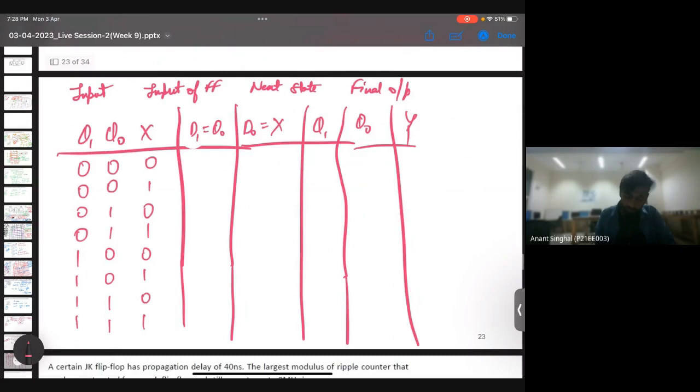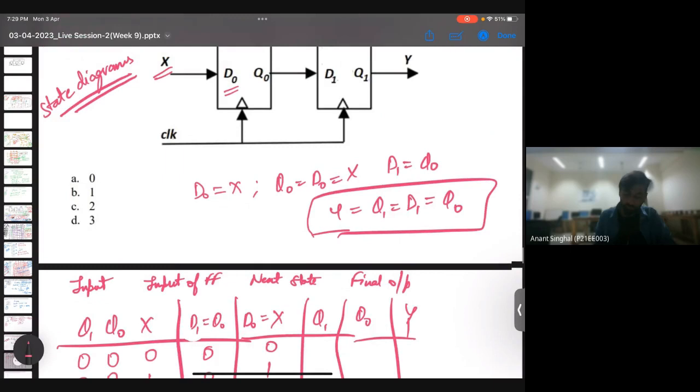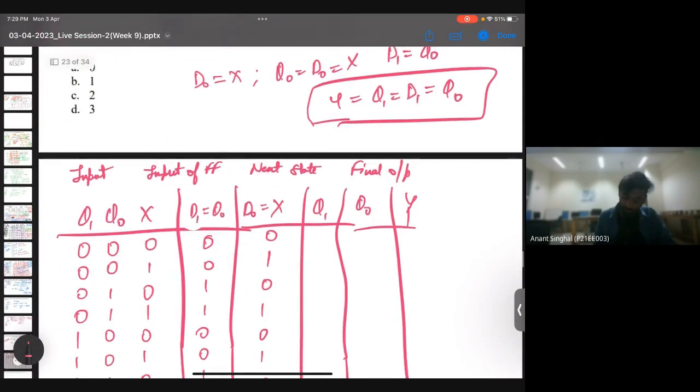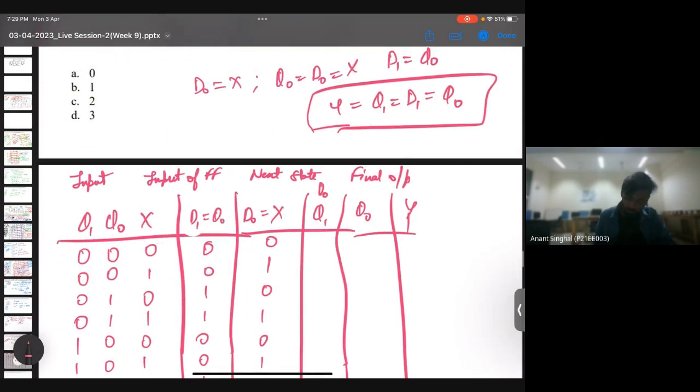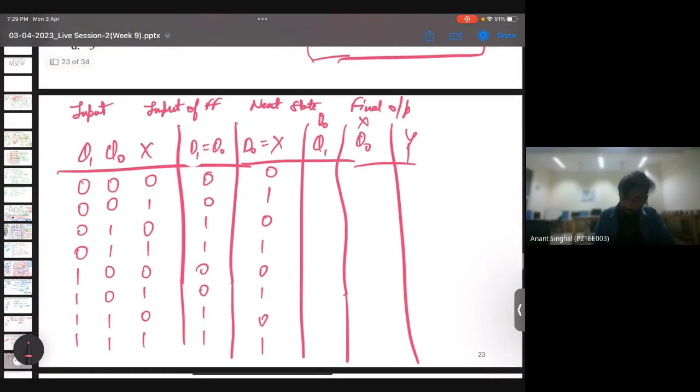So we'll write the Q0 column here, which is 0, 0, 1, 1, 0, 0, 1, 1, and we'll write D naught here, which is X: 0, 1, 0, 1, 0, 1, 0, 1. And we know the next state Q1 will be nothing but Q naught, so we'll write the Q naught column here, and Q naught will be nothing but X. We'll just repeat this again.